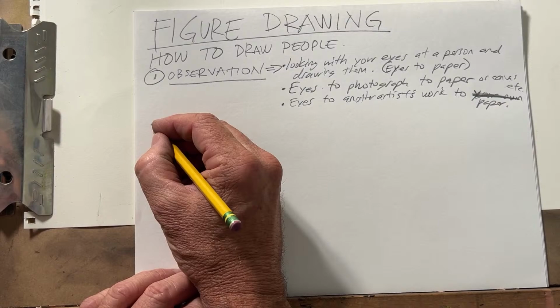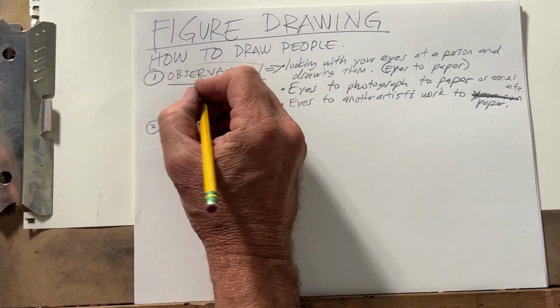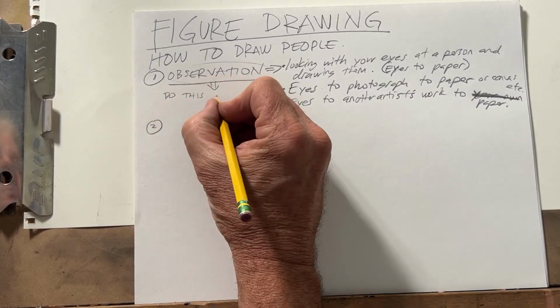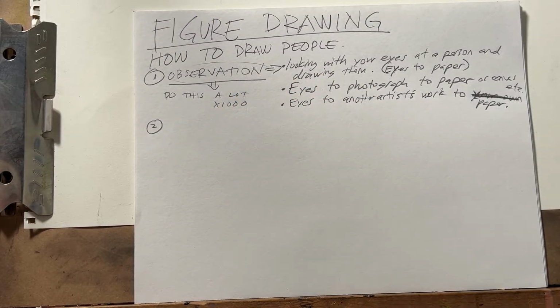So, another way that you could draw people. You do observation a lot. A thousand times, 200 times, 500 times, I don't know. However much time it takes. Okay?